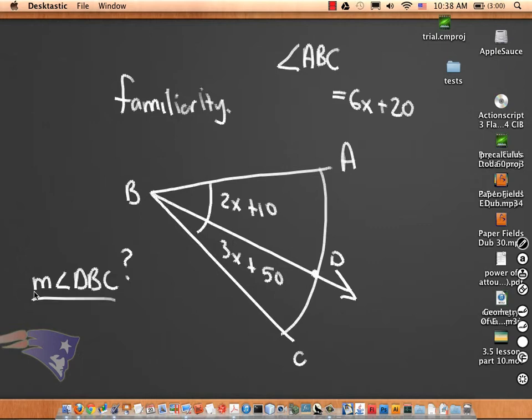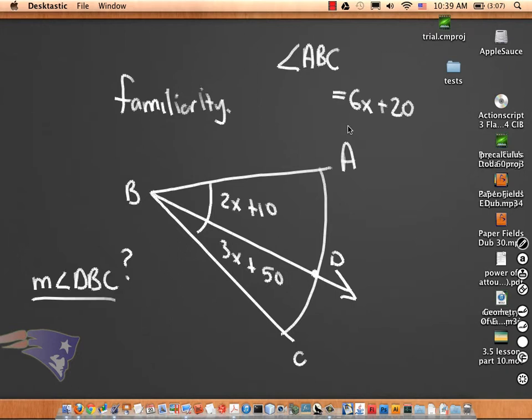Explain to me, how do you go about figuring out the measure of angle DBC? Josie. This is 3x plus 50. This is 2x plus 10. And this is 6x plus 20. So you know how to set up the equation then.